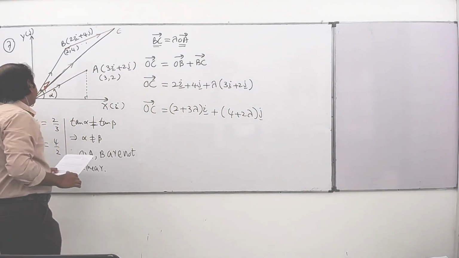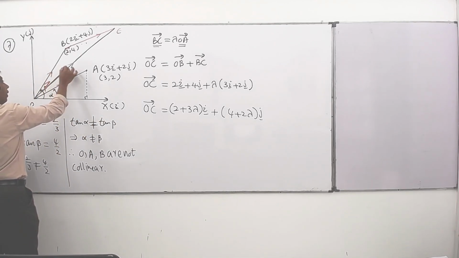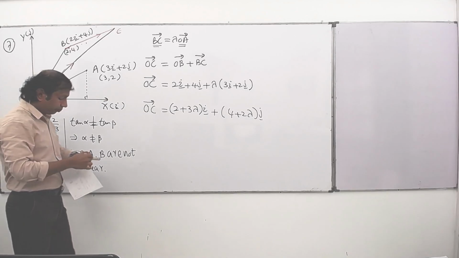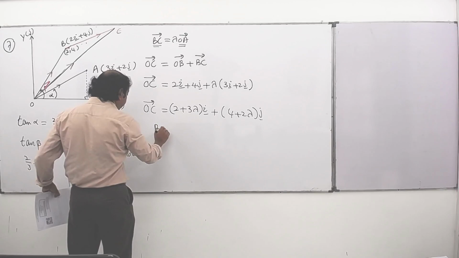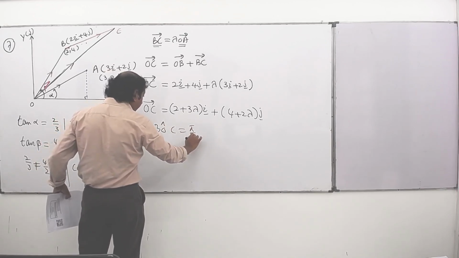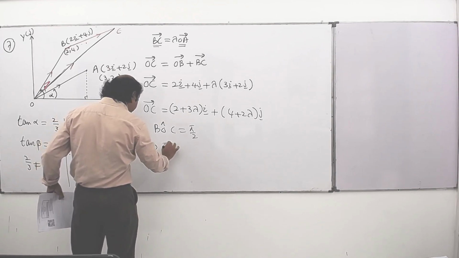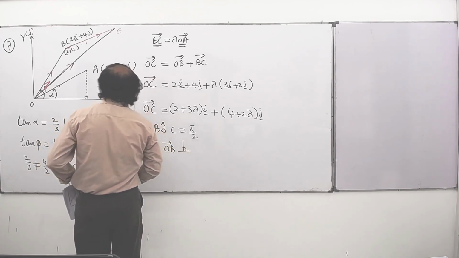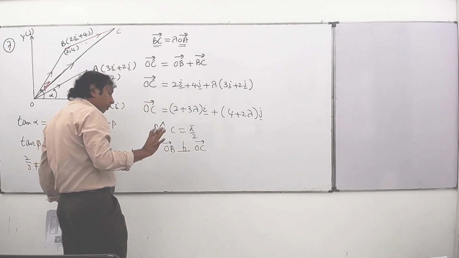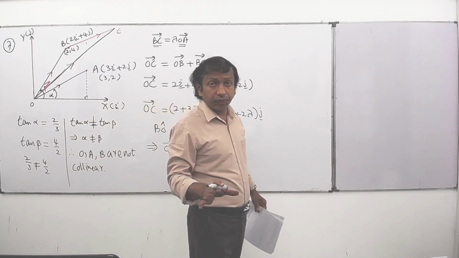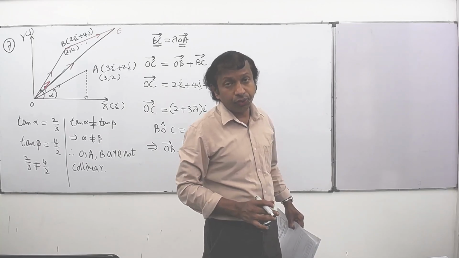Okay. Anyway, we know if this angle is 90, people, the OB vector and OC vector are perpendicular. Then you can write angle BOC equals pi by 2 means the OB vector is perpendicular to the OC vector. So when two vectors are perpendicular, people, you know the dot product of the vectors should be equal to 0.